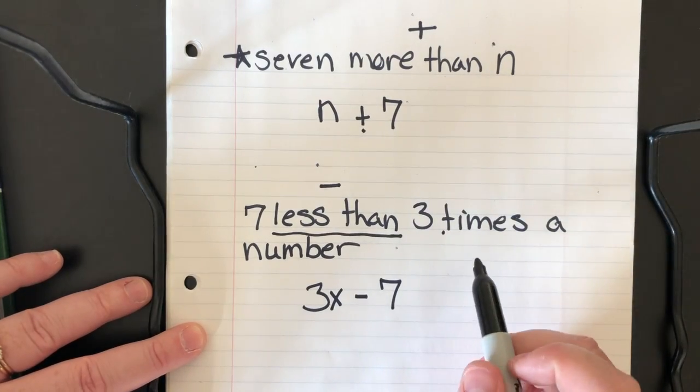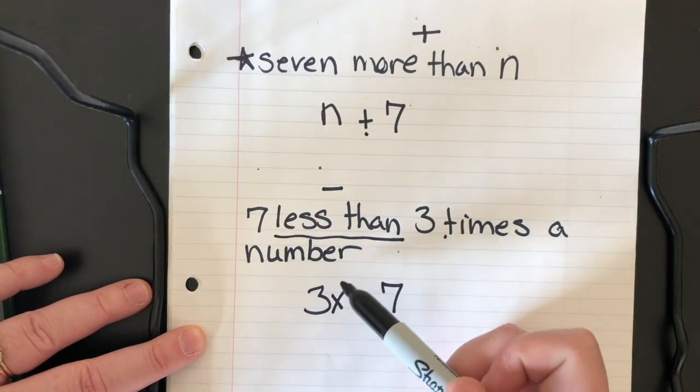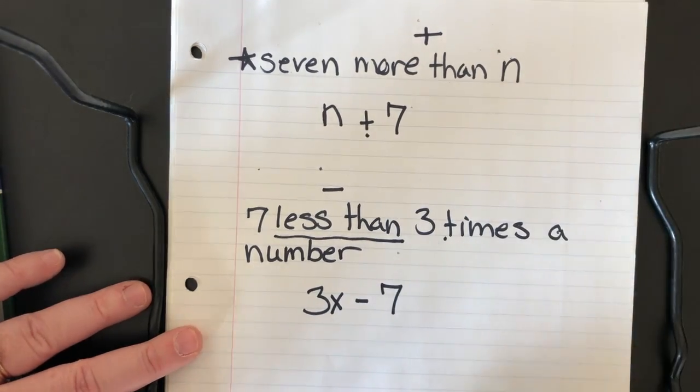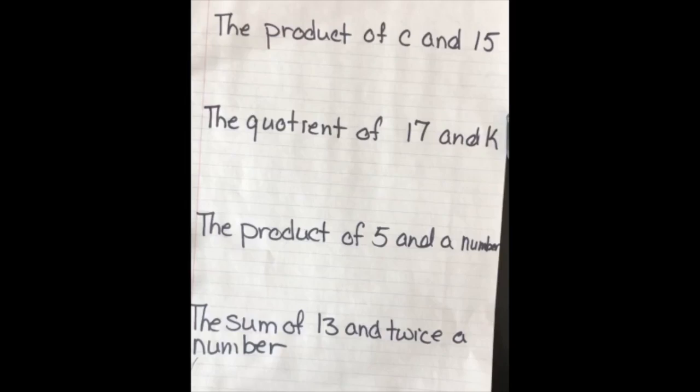That's why it's good to know what our operations are and the terminology behind those operations. I'm going to give you 5 examples on the next sheet. I want you to pause the video at this point and complete them, then continue the video to make sure you're doing it correctly.